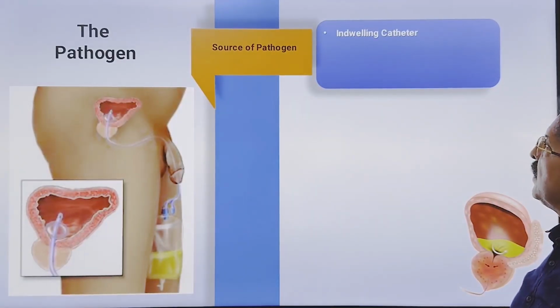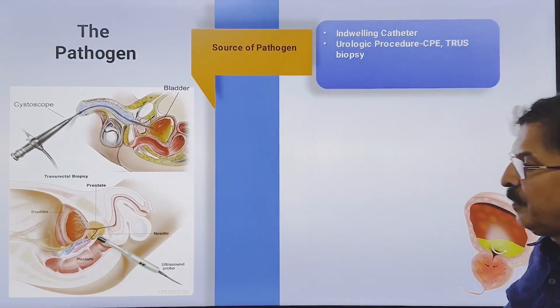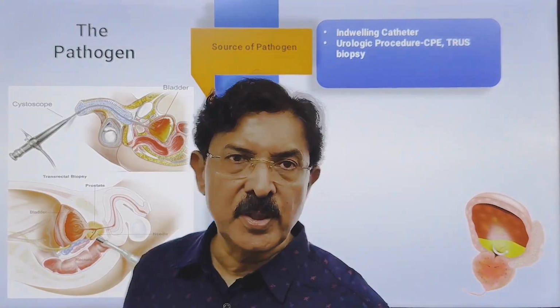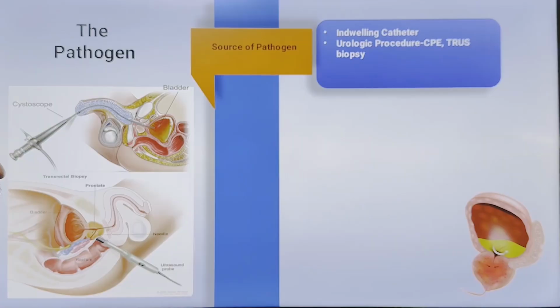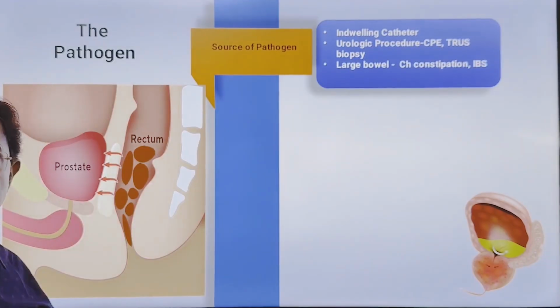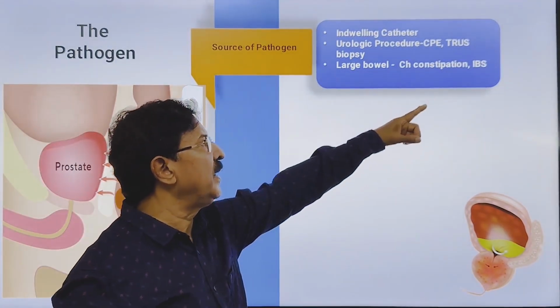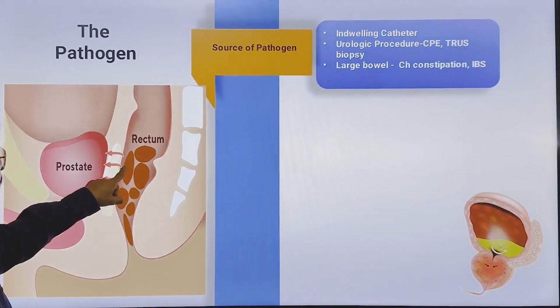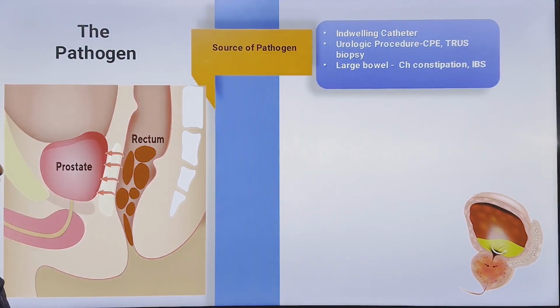In a large number of patients, the source is an indwelling catheter. Or in some patients, even a urological procedure like a cystoscopy or a TRUS biopsy. Or in some patients, it can even be the large bowel where there is chronic constipation or IBS, and bacteria travel through the translymphatic route from rectum to prostate.